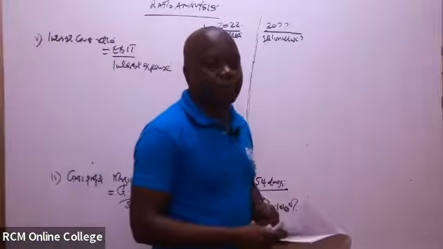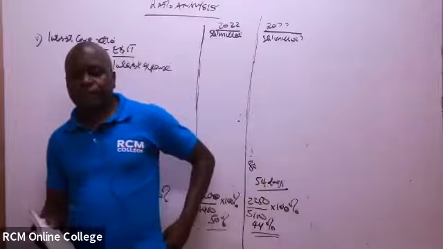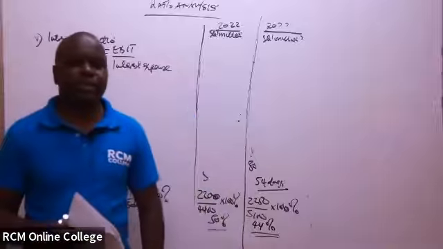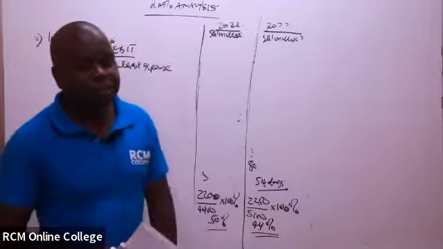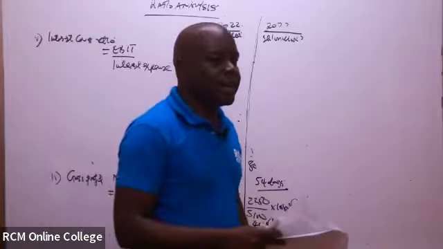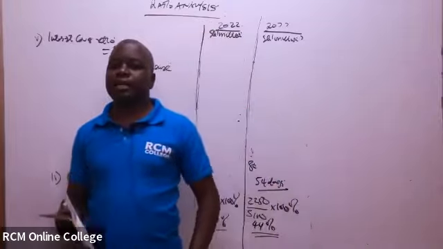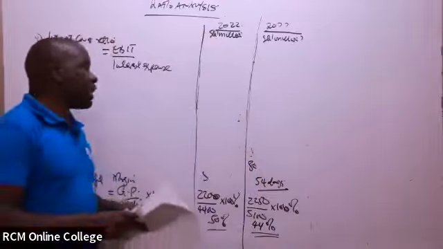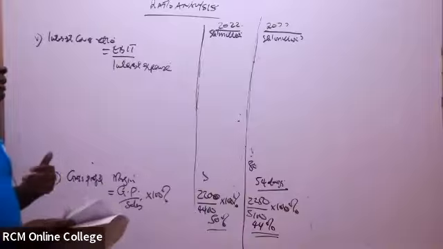A lender can look at the previous years, how comfortably the company has been able to settle its interest expense. So he'll know they have comfortably covered their interest expenses with the earnings they receive.